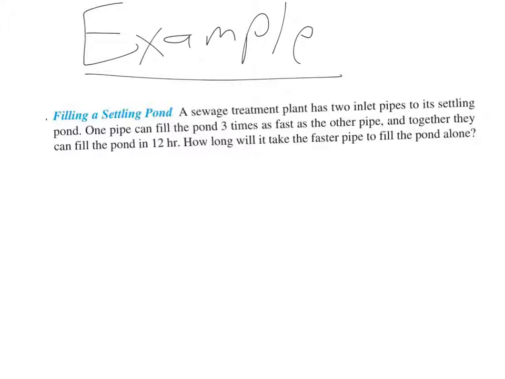Okay, now remember, if it's working on a particular job, the amount done over a given time interval is equal to the amount of job done, which in this case is 1, over the time. So the faster pipe, we could just say, is 1 over t.